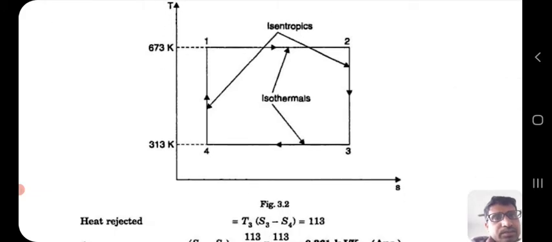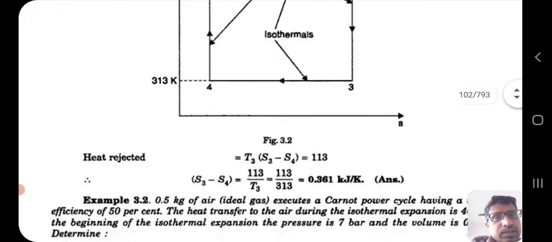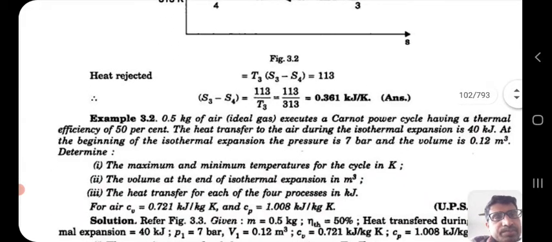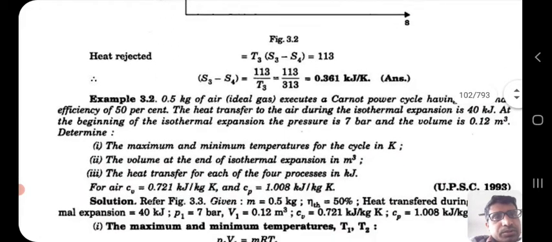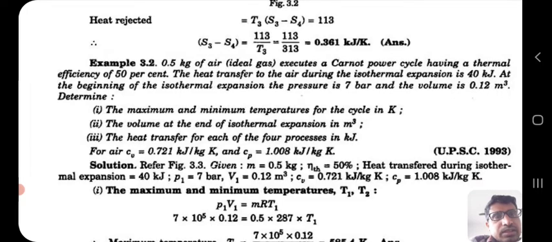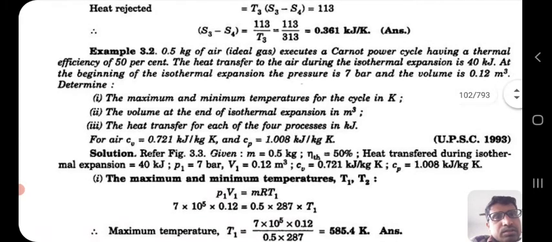Isentropic, 673, 313. Heat rejected is T3 times (S3 minus S4), which is equal to 113. So S3 minus S4 is equal to 113 by T3, that is 113 by 313, equal to 0.361 kilojoule per Kelvin.